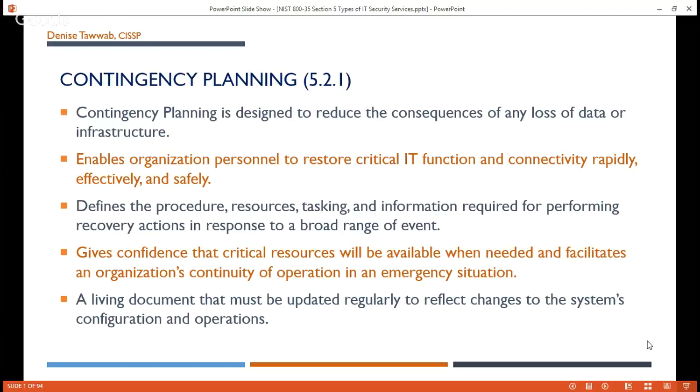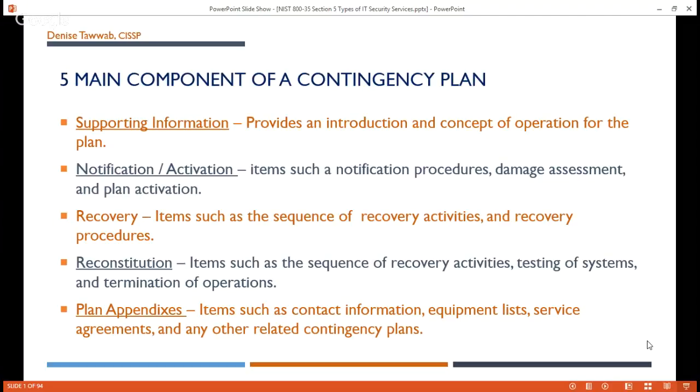Okay, there are 5 main components of a contingency plan. Supporting information. This provides an introduction and concept of operation for the plan. Notification or activation talks about your notification procedures, damage assessment, and plan activation. Like, what does it take to put us into a mode where we have to use the contingency plan? Then recovery.